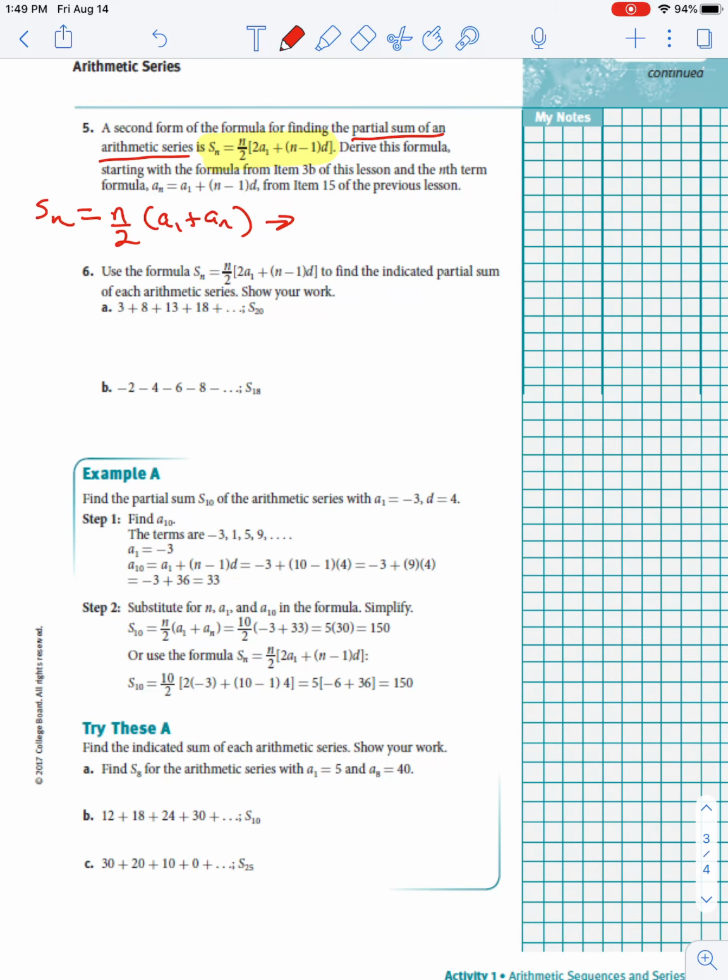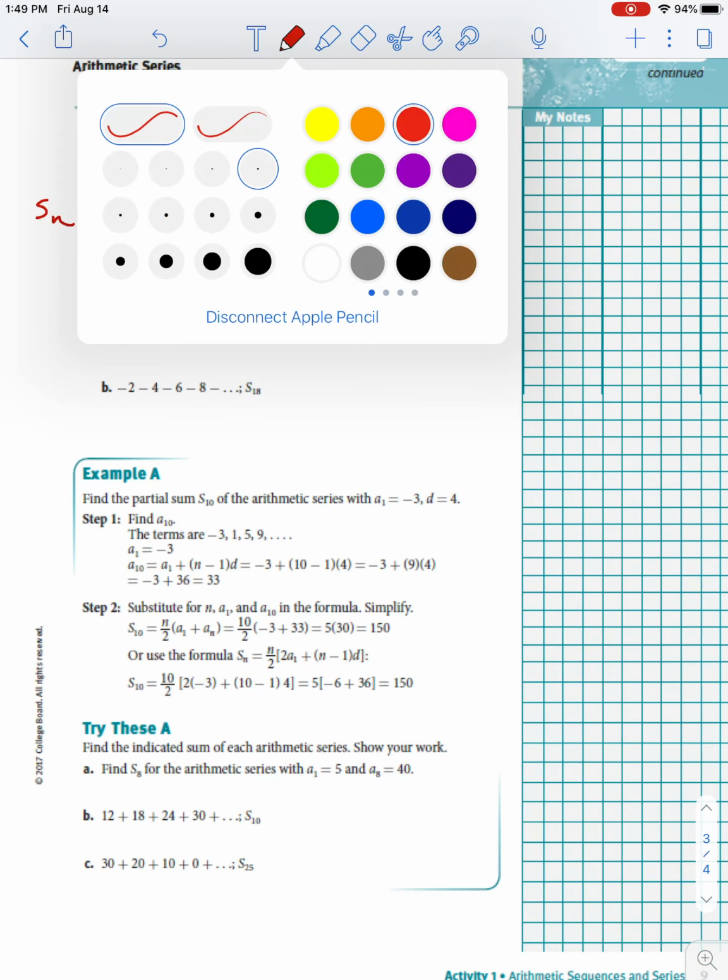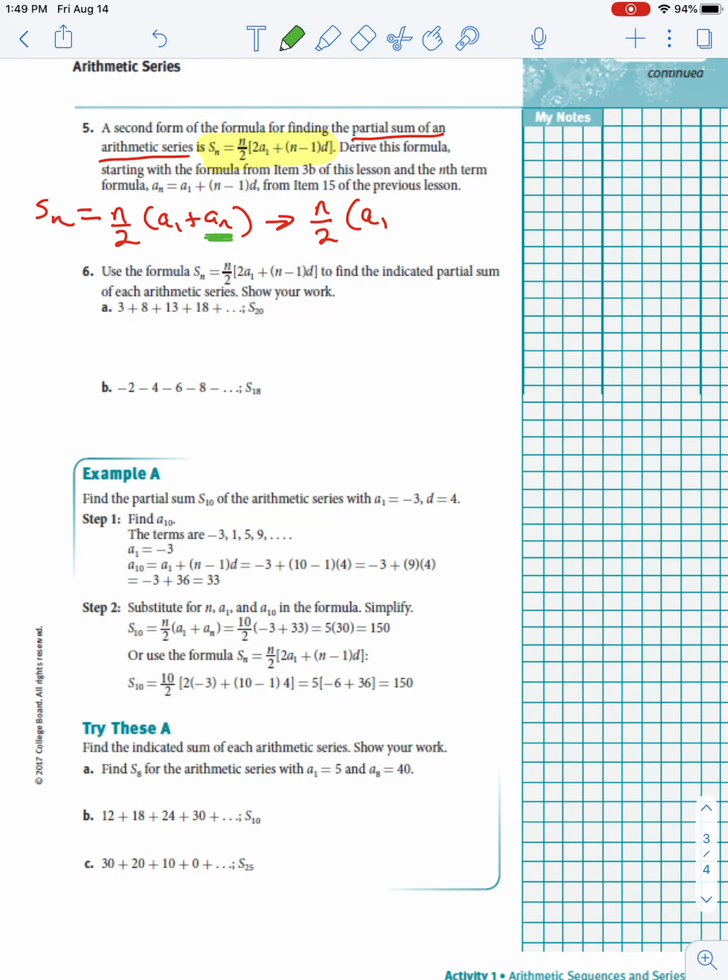Well, if we don't know a sub n and we still want to do the formula, we can go n over 2 times a sub 1, and then we can slip in the a sub n formula. Okay, so what we're going to do there is we're going to be putting in plus a sub 1 plus n minus 1 times d from yesterday.